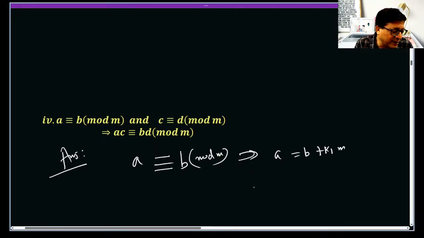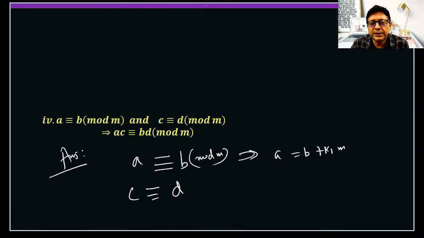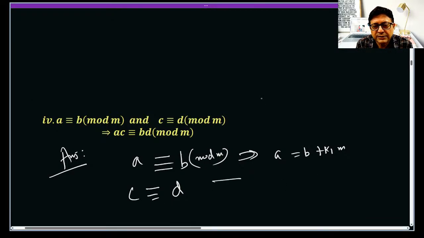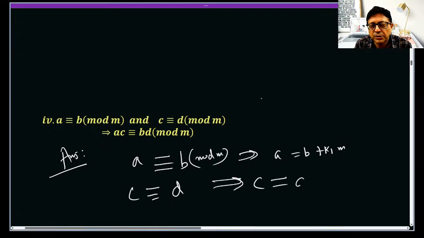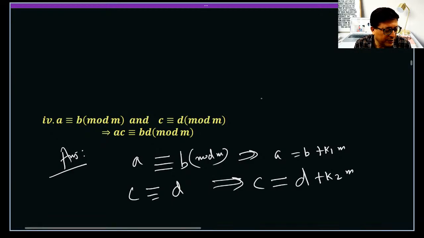This is okay. Now C congruent with D mod M. What does this imply? This implies that C is equal to D plus K2 into M. Okay?